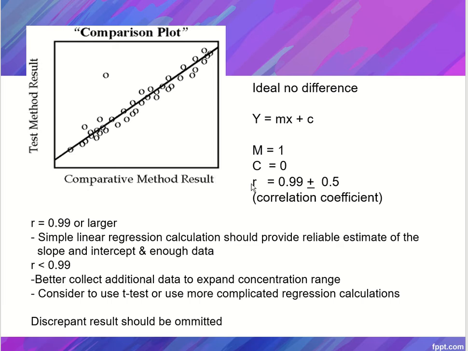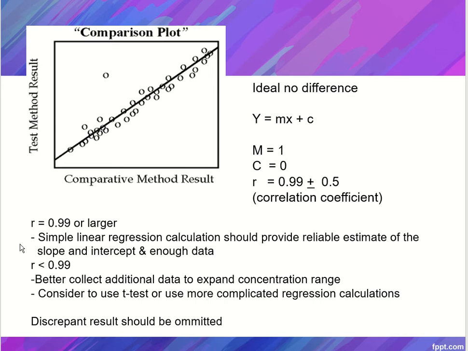And for r, which is the correlation coefficient, if r is 0.99 or larger, simple linear regression calculation should provide a reliable estimate of the slope and intercept, meaning that the data is enough.